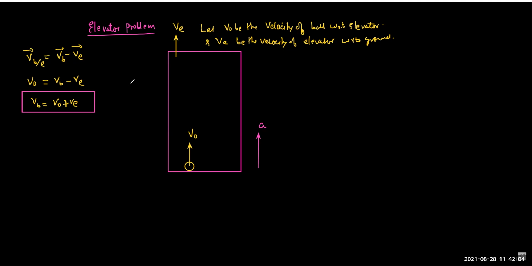Okay, so the first question is the calculation of time of flight. Now there are two ways to solve this question. One is of course the ground frame. Another is the relative frame.